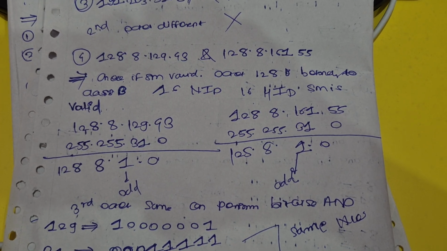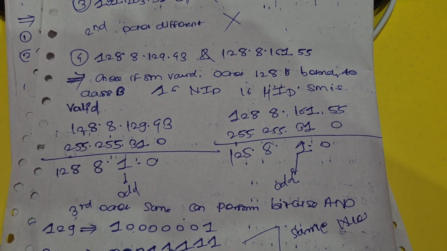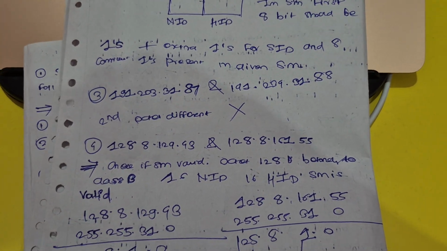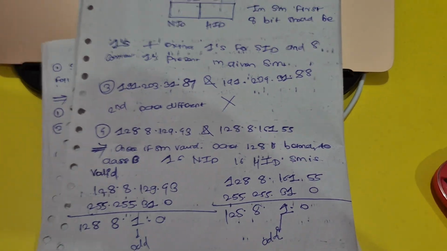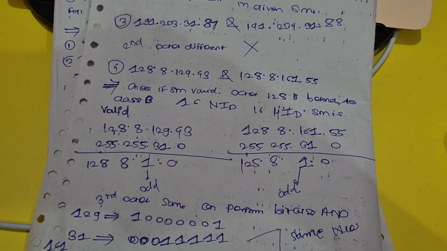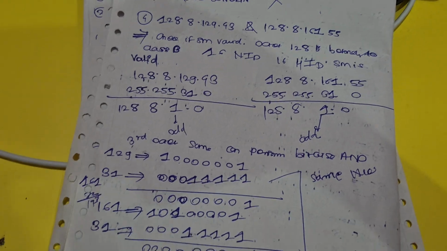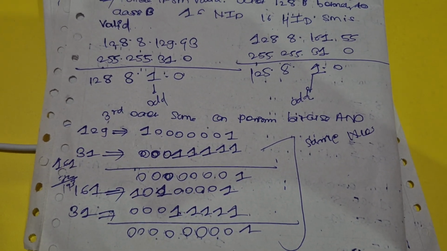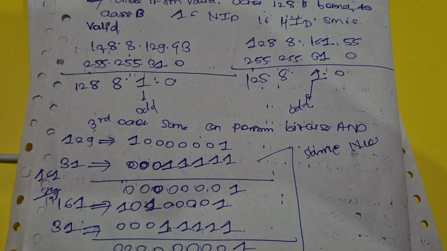So the third octet is the same, and we can perform bitwise AND. We cannot just conclude this is the correct option. Since the third octet is the same, we can perform bitwise AND, and then we can see, after performing bitwise AND, that it belongs to the same network. That's all.